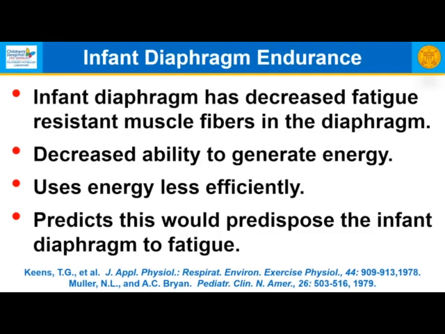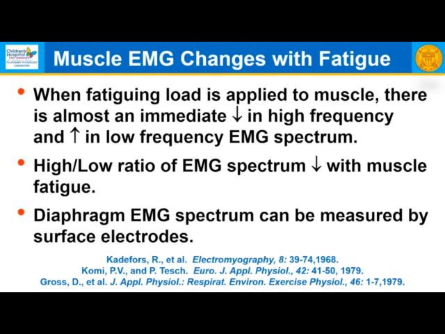So the infant diaphragm has decreased fatigue resistant muscle fibers. There's decreased ability to generate energy. It uses energy less efficiently. So this predicts that this would predispose the infant's diaphragm to fatigue. One can look at fatigue of the diaphragm objectively using muscle EMG changes. When fatiguing loads are applied to muscle, there's almost an immediate decrease in high frequency and increase in low frequency EMG spectrum, so-called power frequency spectrum analysis.